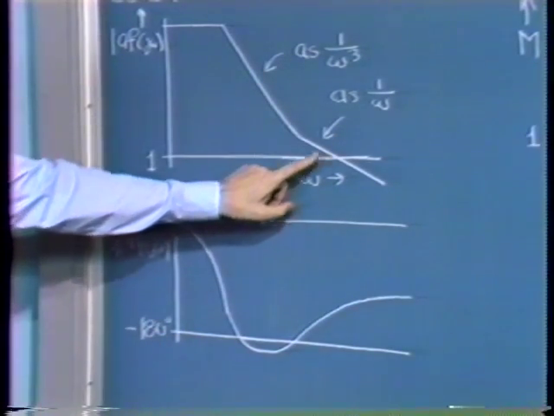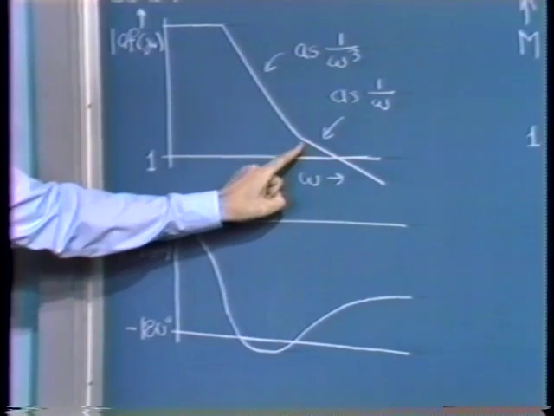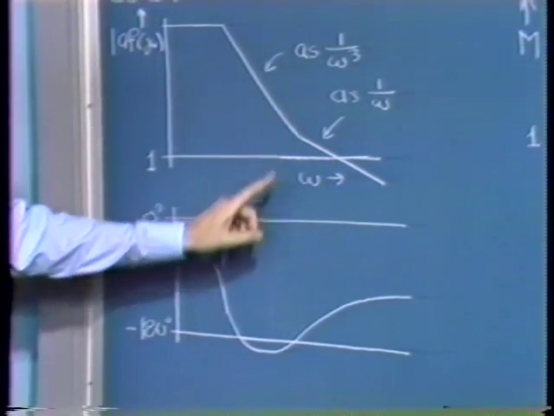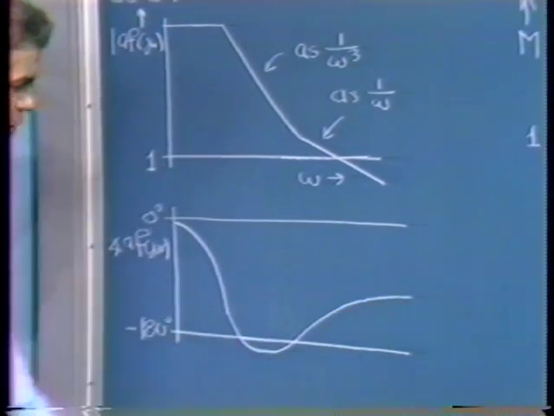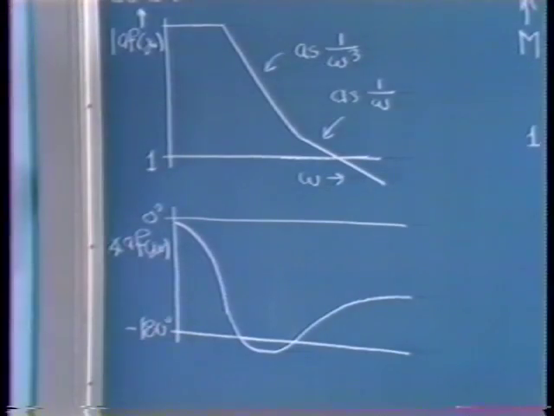If we have no higher frequency poles, in other words, if the 1 over s roll-off that we see here continues for all frequencies, the angle associated with the negative of the loop transmission will eventually approach minus 90 degrees.